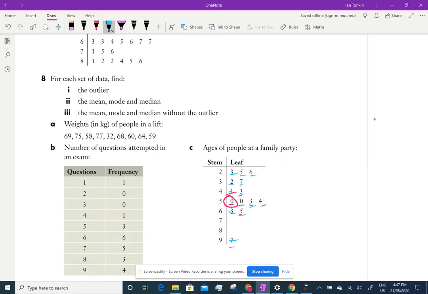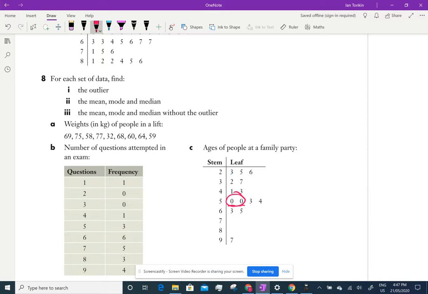Are there 14 scores here? 1, 2, 3, 4, 5, 6, 7, 8, 9, 10, 13, 14. So there should be 7 below. Maybe I messed it up. 1, 2, 3, 4, 5, 6, 7. Oh, you idiot. What are you talking about? Even number. There's two medians and I have to find the halfway point. So I need to halve it, 7 and 8. So there's the 7th, there's the 8th. So I'm going the average of those two.